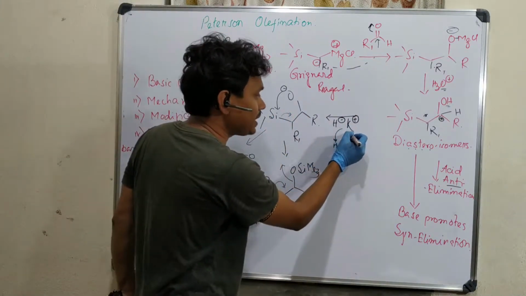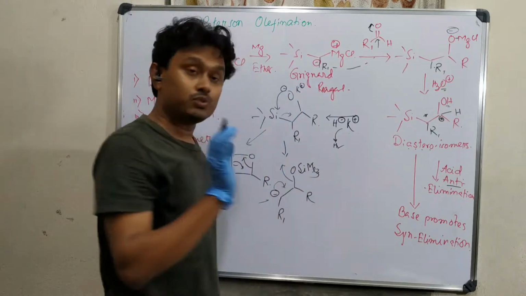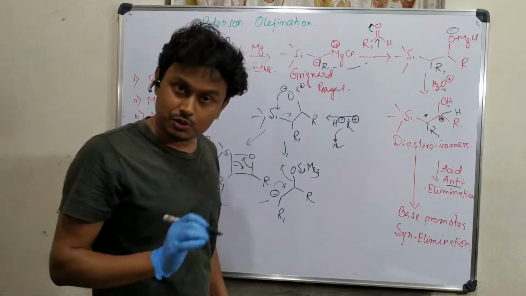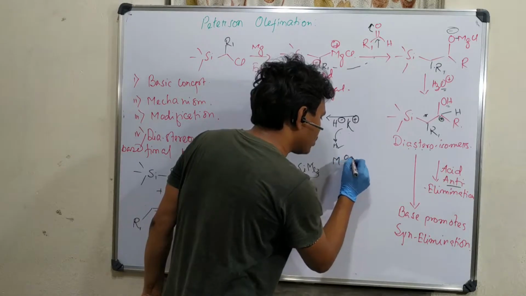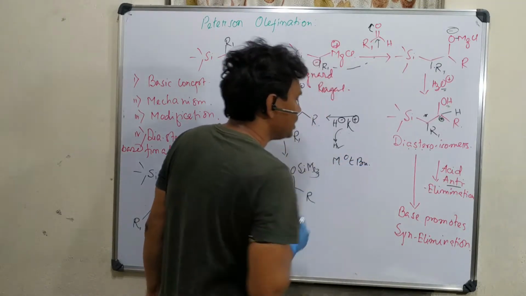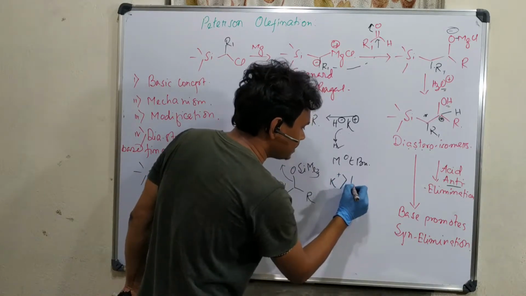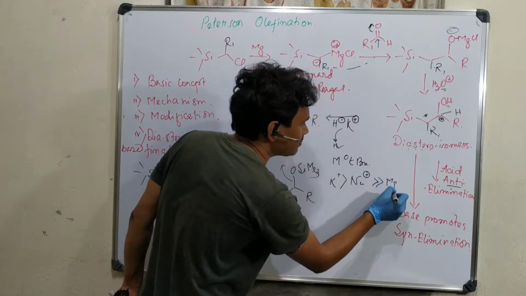Compared to this, here the corresponding cation is potassium. It was observed that with tert-butoxide as a base, MOtBu, potassium is more reactive than sodium, which is more reactive than magnesium.